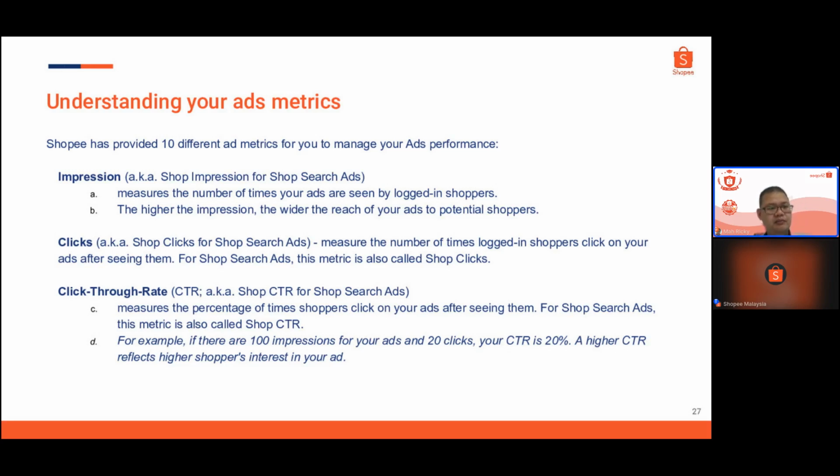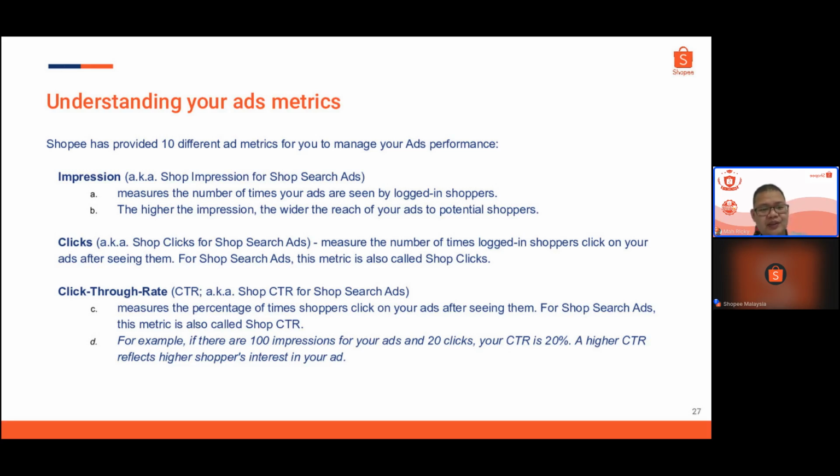Impression measures the number of times your ADS is seen in Shopee. Normally the higher the impression, the more people will be able to see your product. For the click, this one is quite easy also.